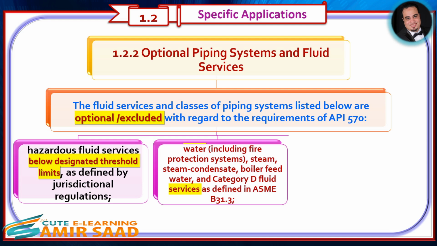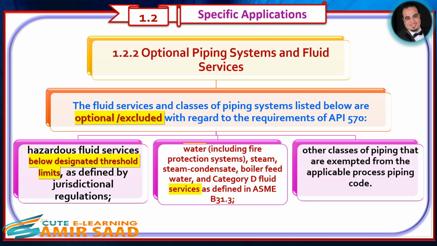Water, including fire protection systems, steam, steam condensate, boiler feed water, and Category D fluid services as defined in ASME B31.3. Other classes of piping that are exempted from the applicable process piping code.